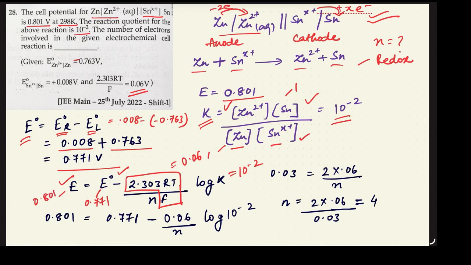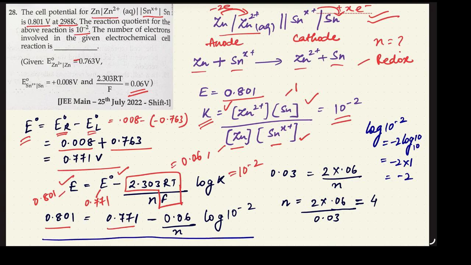So this can be written as 0.801 is equal to 0.771 minus 0.06 divided by n log 10 to the power minus 2. Now log 10 to the power minus 2 is equal to minus 2 log 10 to the base 10, which is equal to minus 2 into 1. As log 10 to the base 10 is 1, this is equal to minus 2.